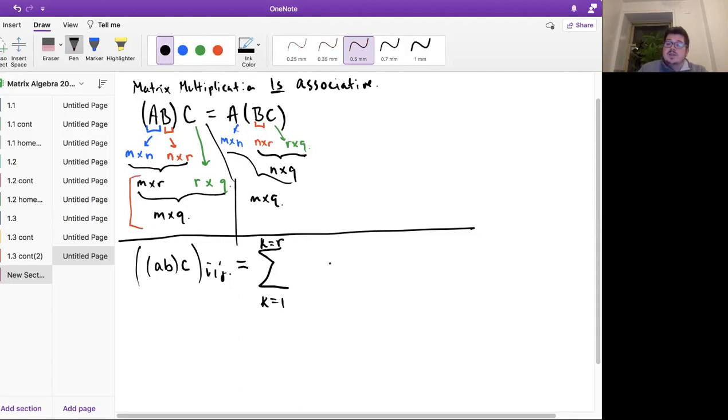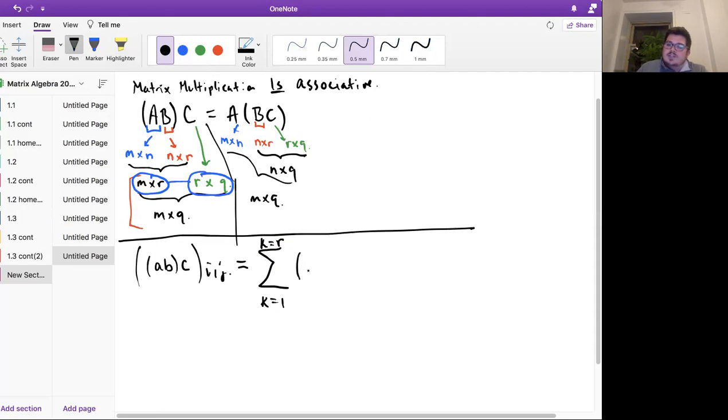This is your normal matrix product: M times R is the dimension of AB, and R times Q was the dimension of C. The k index always runs up to this shared dimension. So that's R.